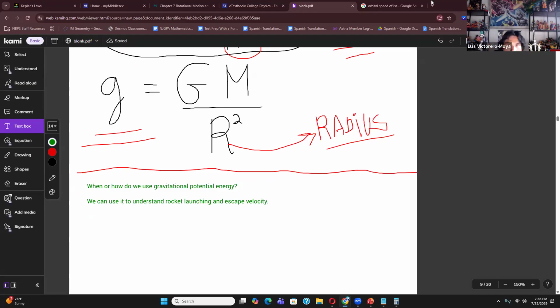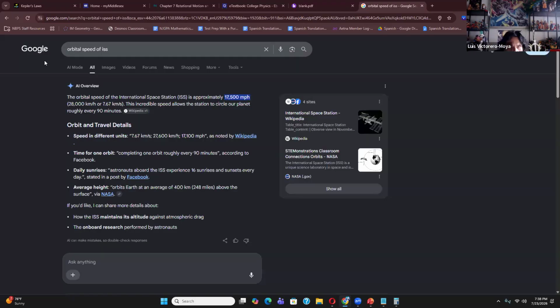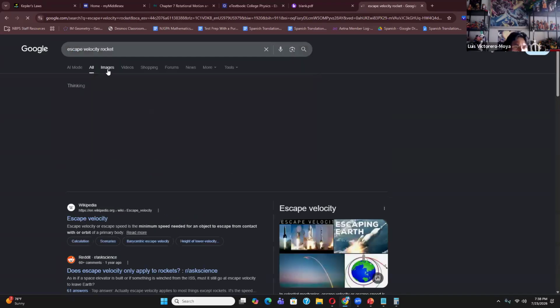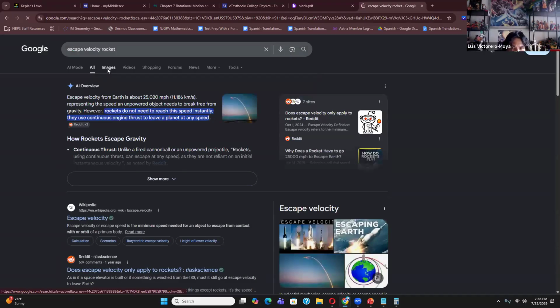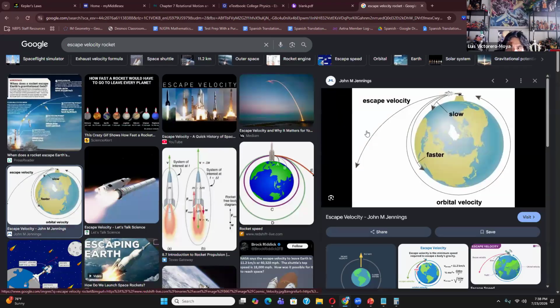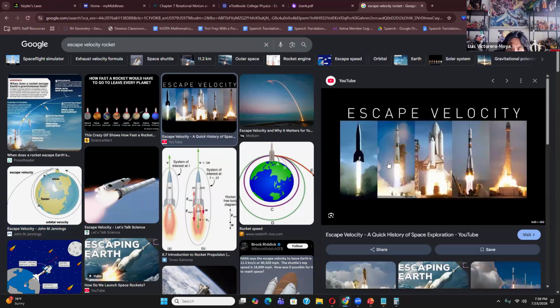You see, how do engineers know what should be the escape velocity of a rocket on Earth? Like, how do we know how to do this?